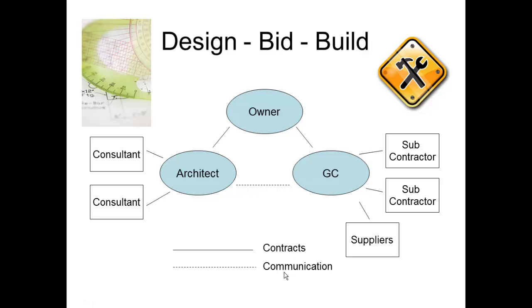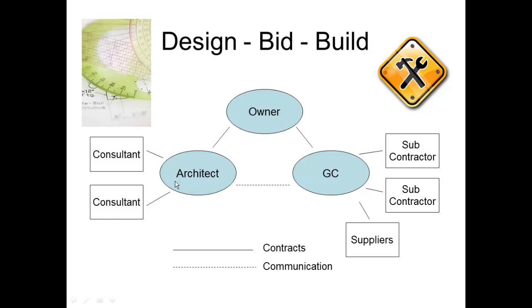Their project manager may call up the architect's project manager and say, what do you think about this? Or they put in an RFI, a request for information, after the job is done, and the architect will supply them with information. But if a problem arises on the construction site, any financial issues are contractual back to the owner.